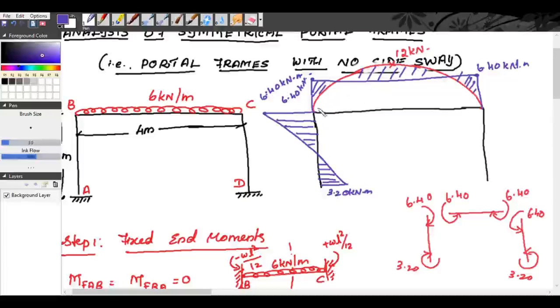That means from this point to this point we have a hogging bending moment, from this to this we have a sagging bending moment, and from this point to this point again we have a hogging bending moment. Now here this minus 6.40 is anti-clockwise pointing towards the right, 6.40 kilonewton meter.